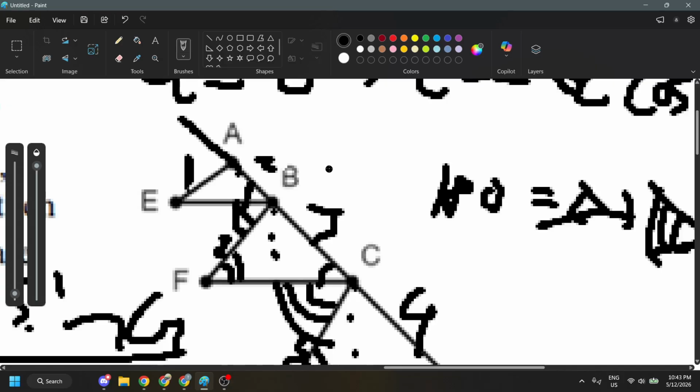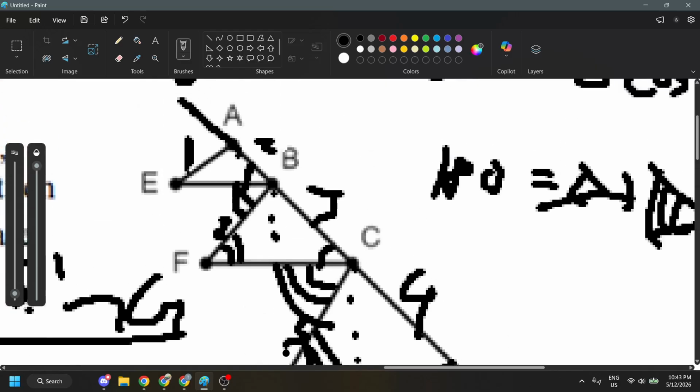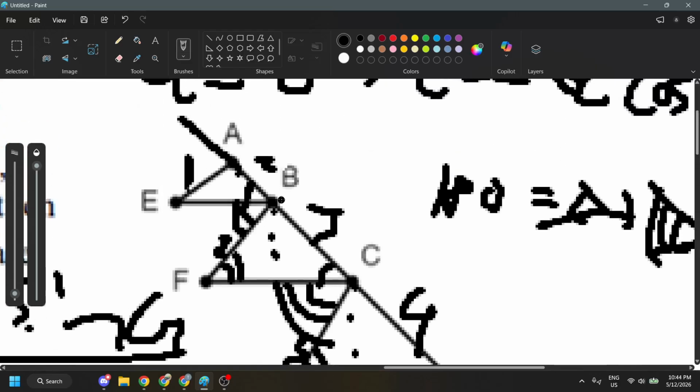For the sine or cosine value, we need a right angle. For a right angle, we can make it like this, do something like that, because then we could say that this is 90 minus this. We don't know this nor this, because we don't know this angle here.